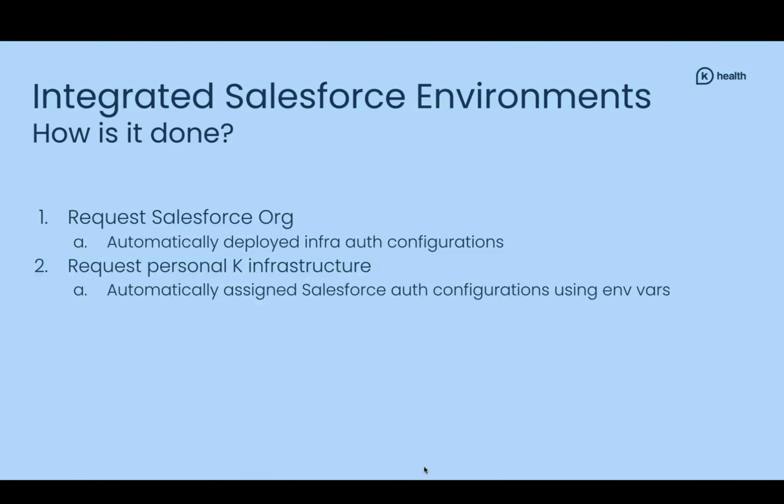And after that, the personal infrastructure prepares for you with the configurations that the org has. So things like client IDs, client secret, named credentials, some of the URLs, of course, the username and the password shared with the infrastructure environment variables, and those things are connected.